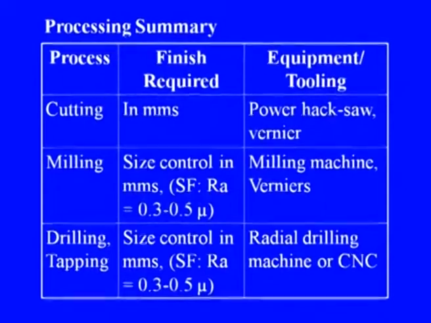Then in drilling and tapping, again the size control will be in millimeters in the range of 0.3 to 0.5 micrometers as Ra values, and the machines required will be radial drilling machine or a CNC machining unit.